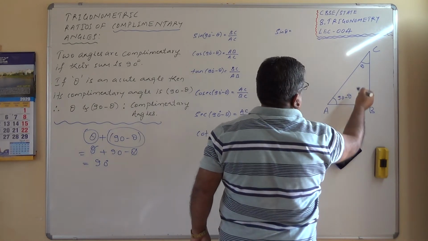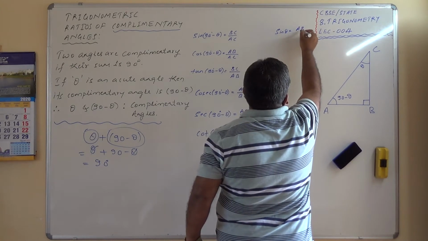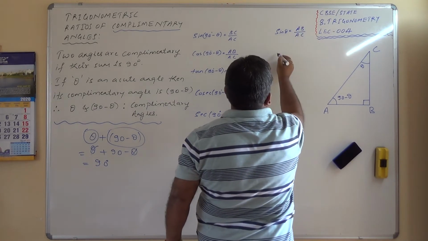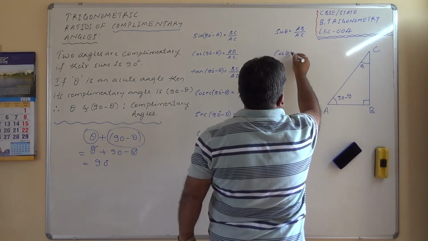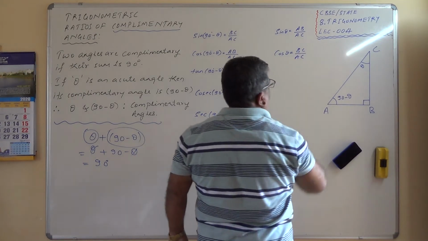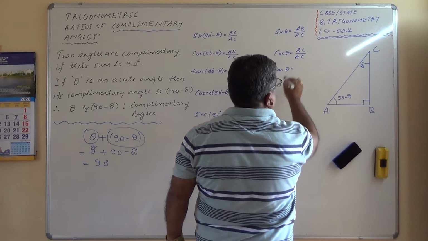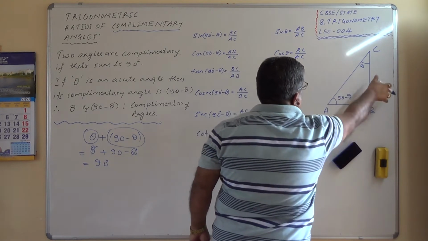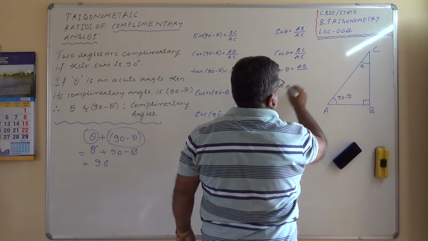Sine theta is AB by AC, cos theta is BC by AC, tan theta equals opposite by adjacent, AB by BC.